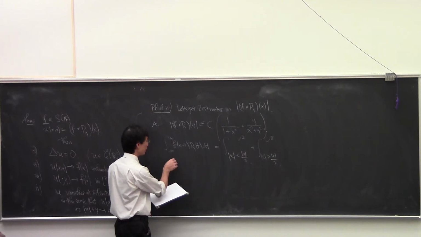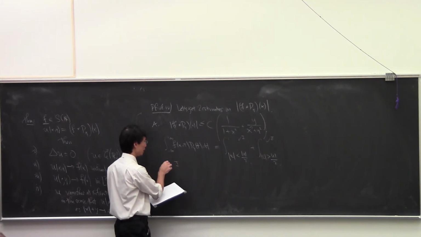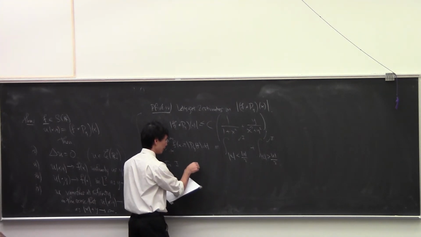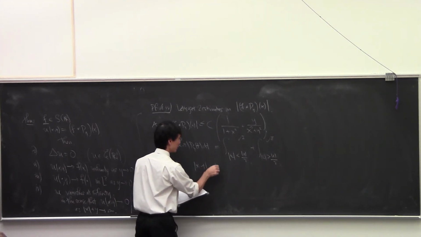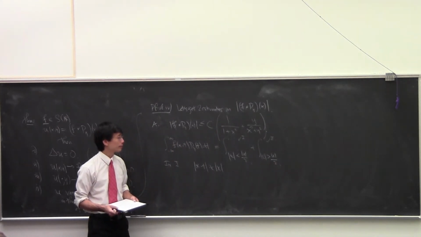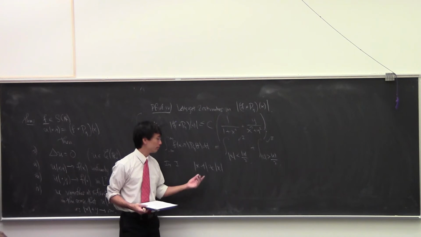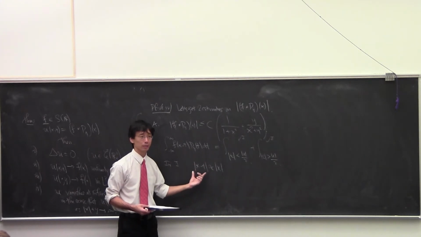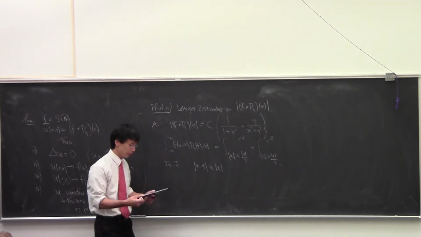Okay, so thinking about integral 1, just like we saw last time, you know that x minus t is basically the same size as x. Right? Because the size of this is trapped between 1/2 the size of x and say 2 times the size of x. So it's basically the size of x.